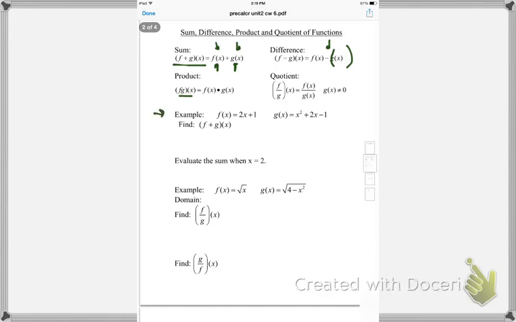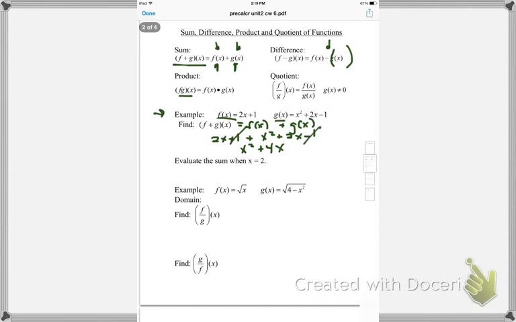So here's a good example to start with. We have two functions, f and g. We're going to add these functions together. So we're going to take your f and add the g. And all we're going to do right now is combine like terms. So we've got an x squared plus 4x, and you can see the ones will cancel out.